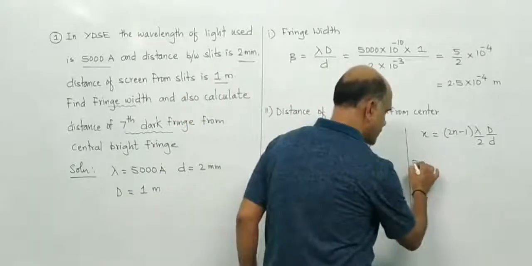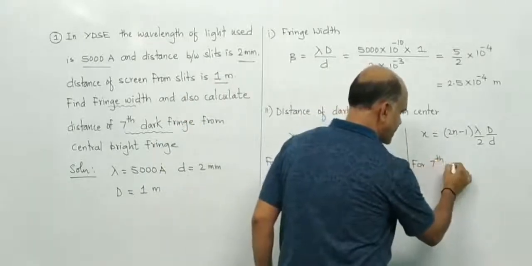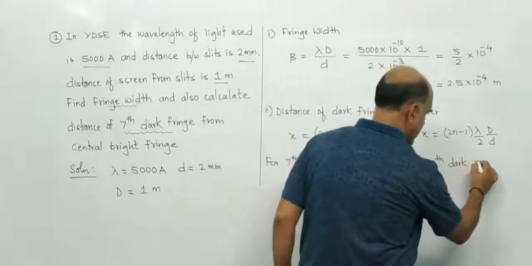If you use this formula, for the seventh dark fringe, n is equal to 7.